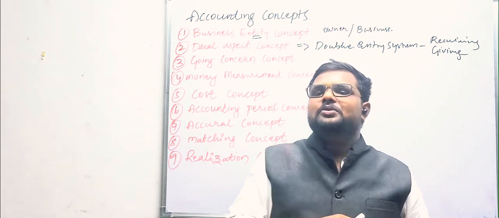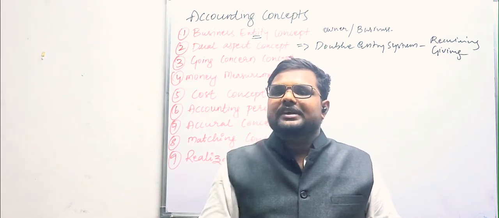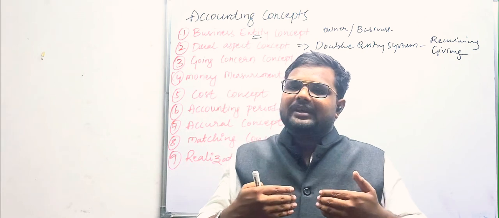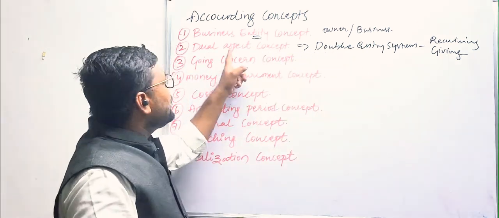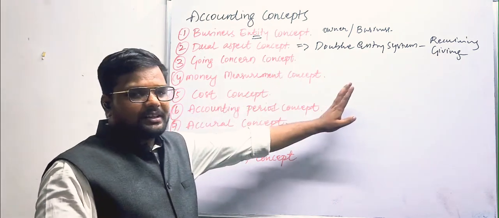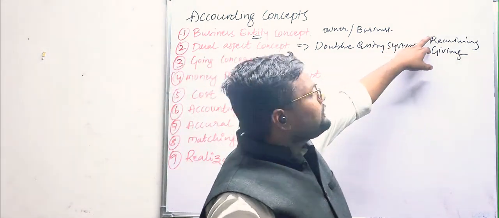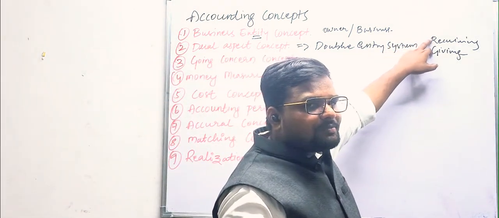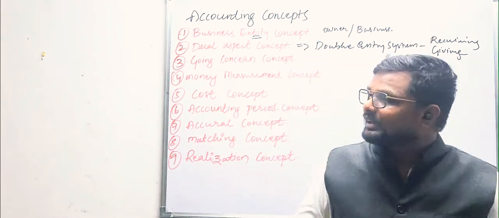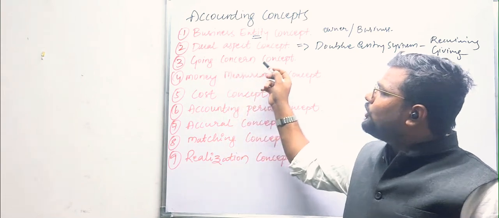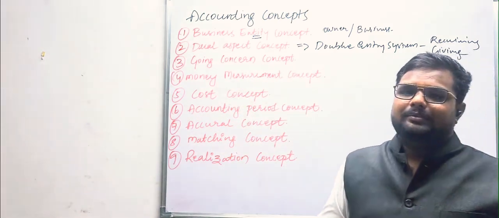So in accounting we have 2 aspects, receiving aspect and giving aspect. So that is dual aspect concept. Both are there. The next one is going concern concept.